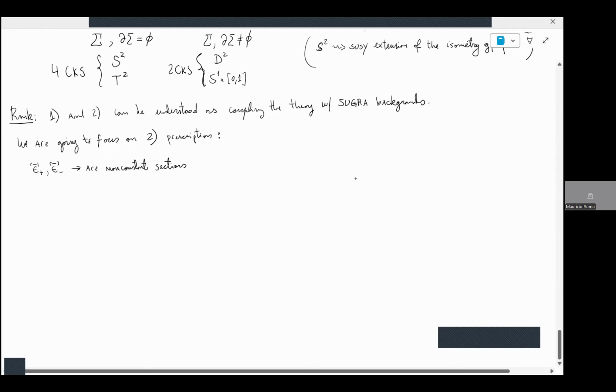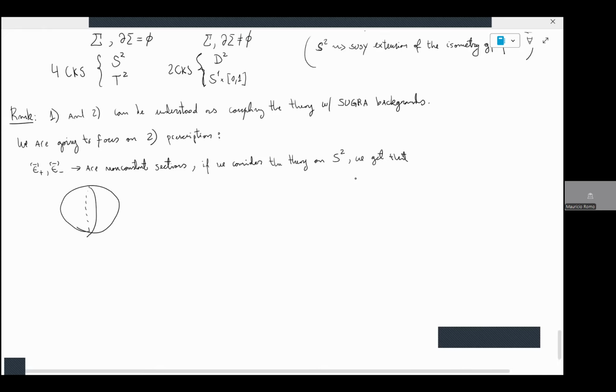So if we consider the theory on S2, for example, on the sphere there are two possibilities. As I said, there are two possibilities, or essentially, what are the possibilities?